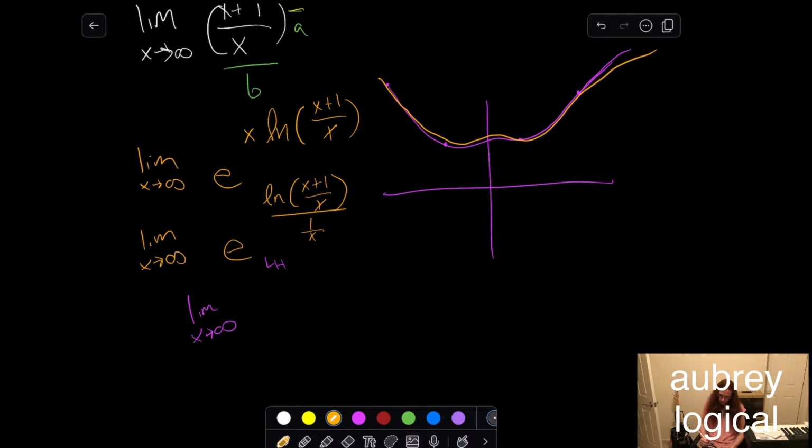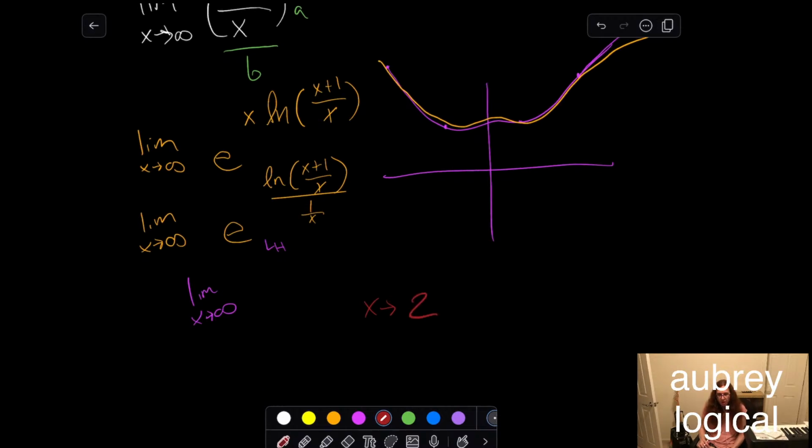If you're trying to find the limit when x is approaching 2, you're trying to find the closest values on each side of 2 that you can reach without actually hitting 2.